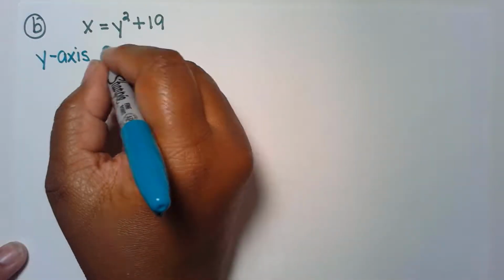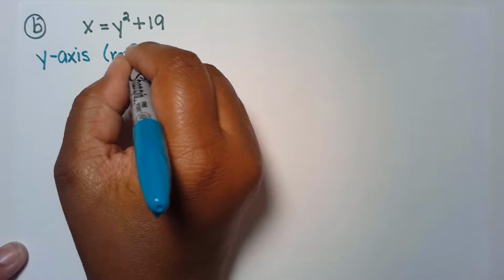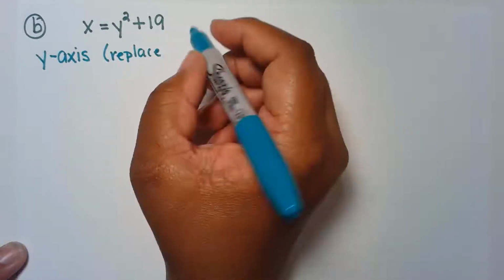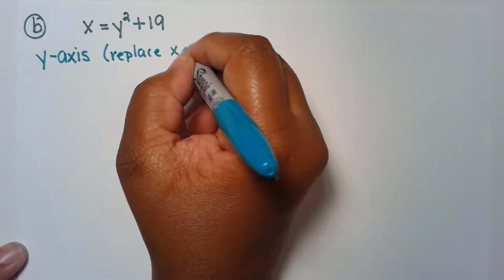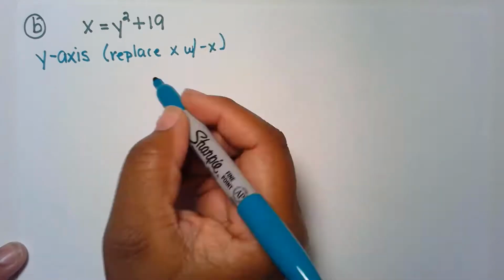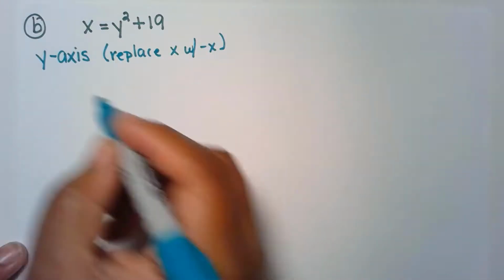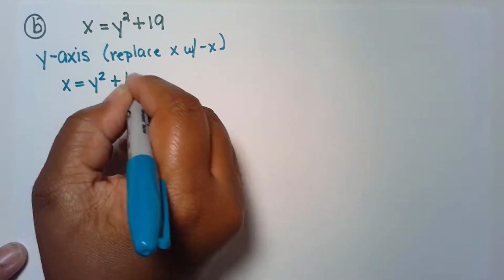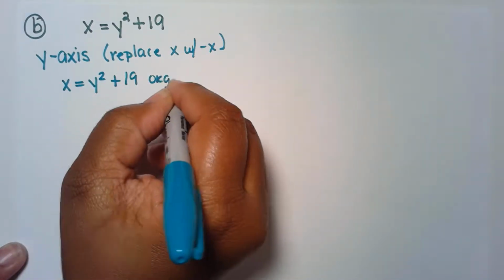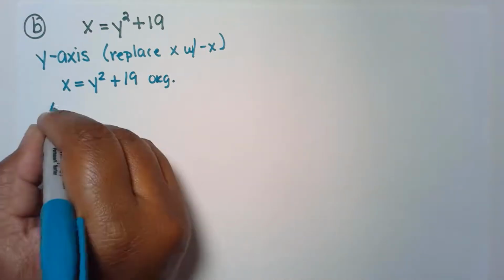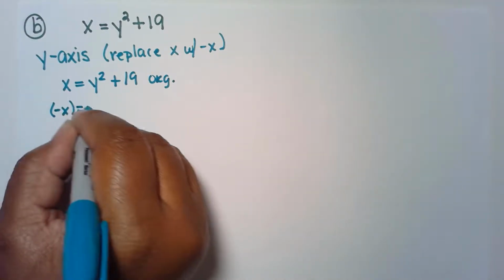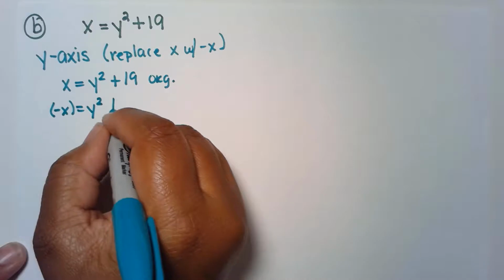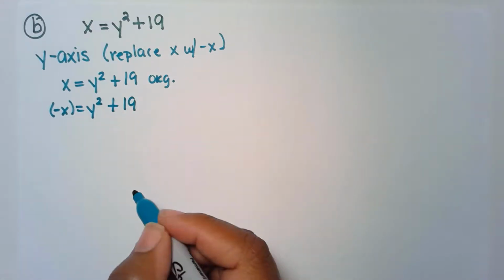We're going to replace, and I'll keep repeating this until you learn this, replace x with negative x. So go to the original equation. Here we go. Let's put the original, replace x with negative x.